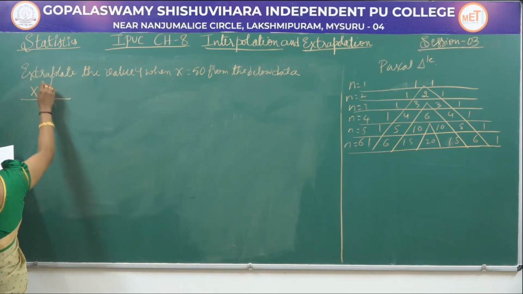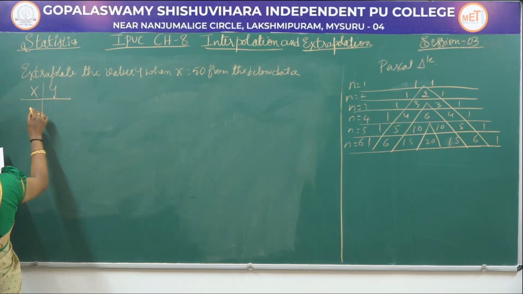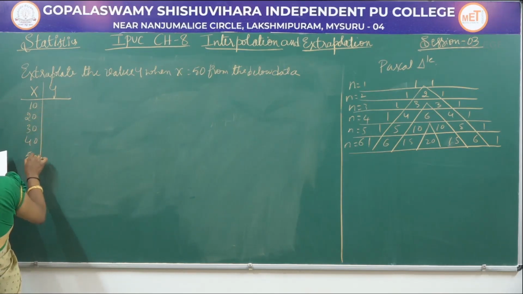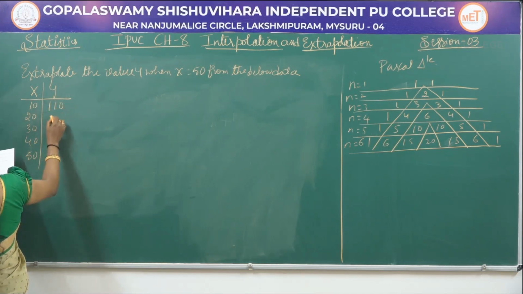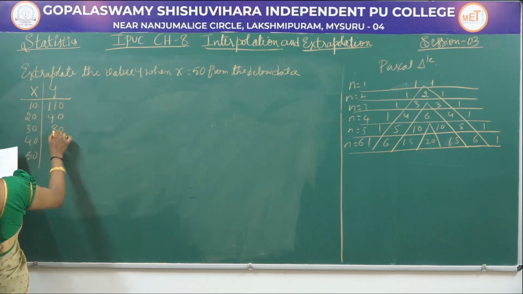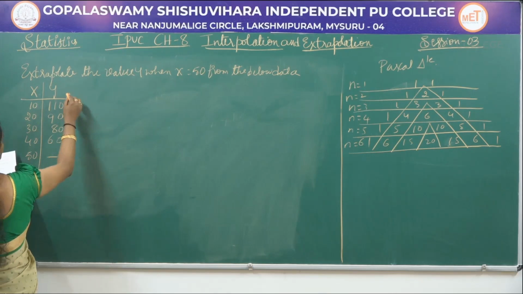So x, y: 10, 20, 30, 40, 50; 110, 90, 80, 60, we don't know.